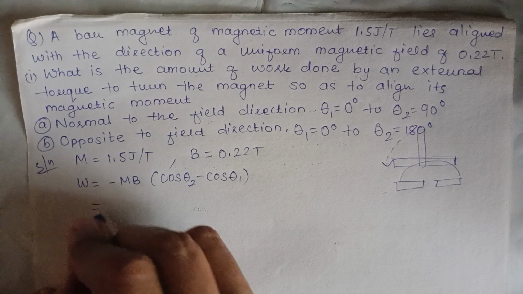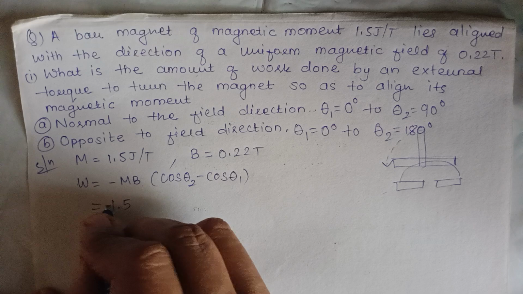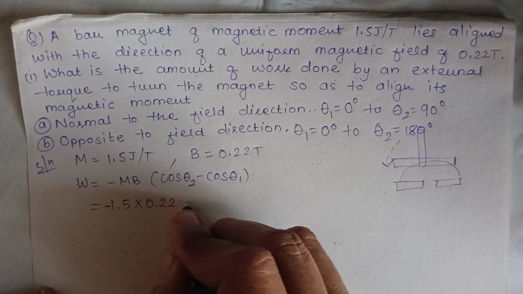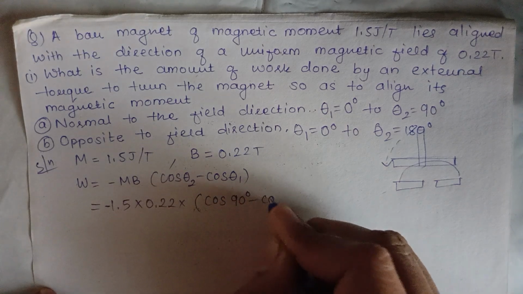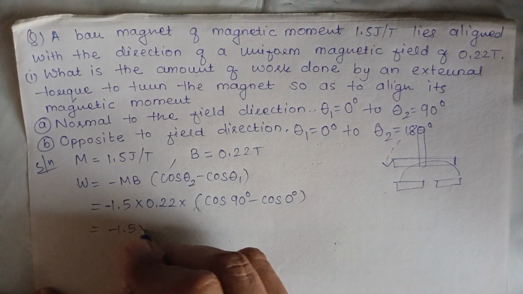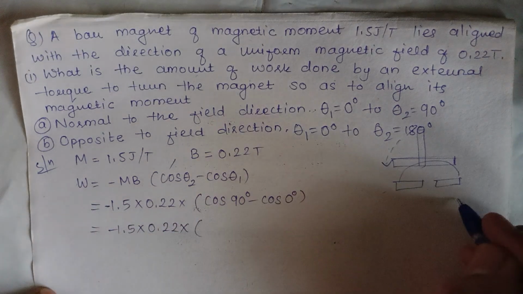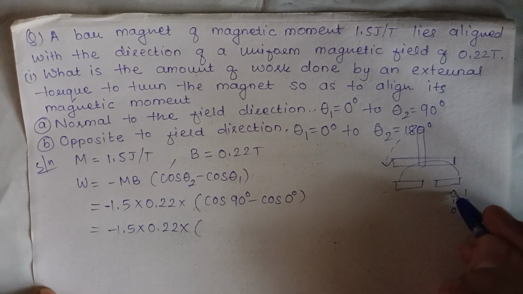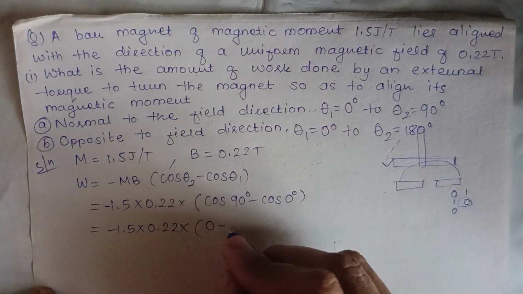Okay. M, minus B, 0.22 into cos 90 minus cos 0. 1.5 into 0.22. Cos 90, so you have to learn by heart the values 0, 1, 0, 1, 0. Cos 90 is 0. Cos 0 is 1.